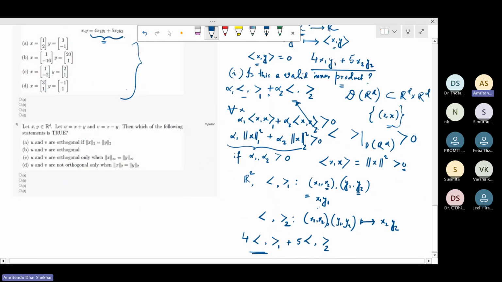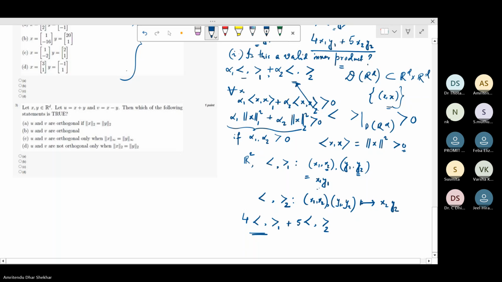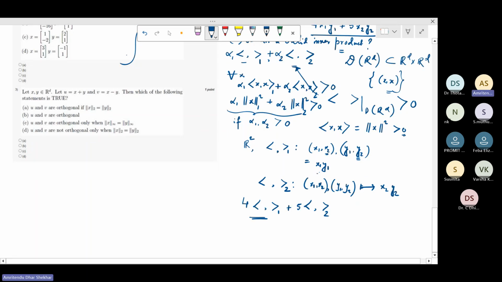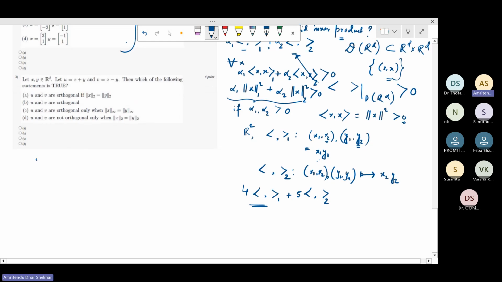Right. So let's look at the third problem. So x and y are again two vectors, this time in RD. And there are basically some questions asked about the orthogonality of U and V. So U is x plus y and V is x minus y.